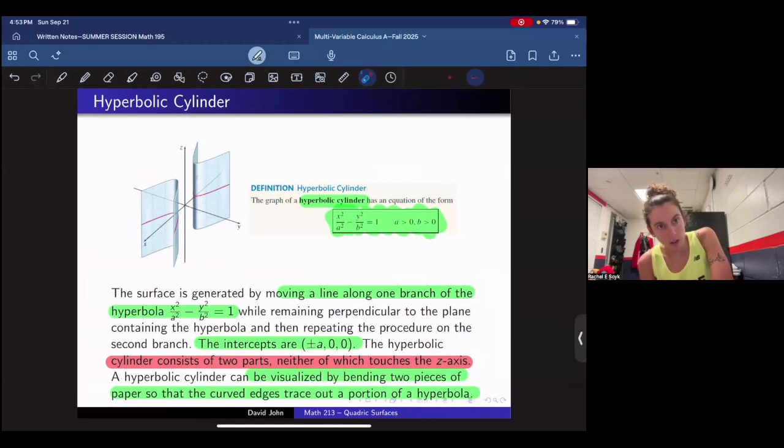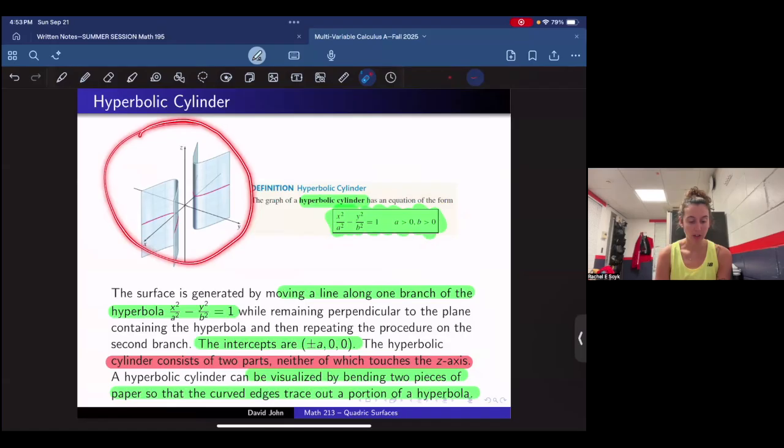And then the last cylinder that we're going to be talking about is our hyperbolic cylinder, where we have our general equation as x squared over a squared minus y squared over b squared is equal to 1, both a and b being positive. And so we have this representation up above, really getting to see those hyperbolas, but in a cylindrical format.